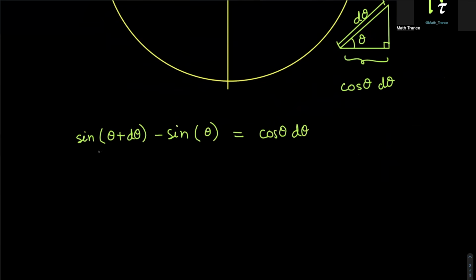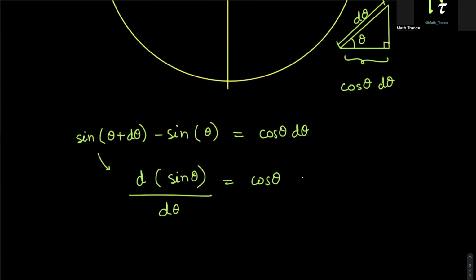But you know that this is a very, very small change, so you can write it as the small change in sine theta, and when you bring d theta to that side, it will turn out to be the derivative of sine theta is equal to cos theta.